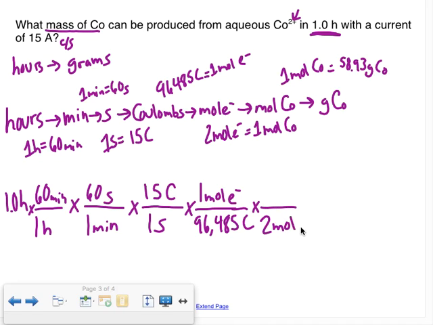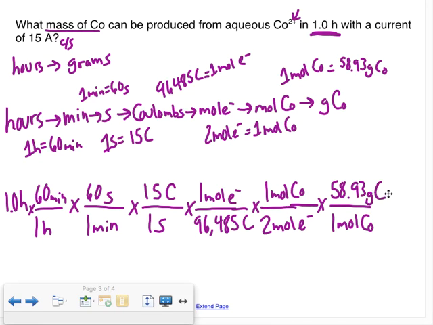And then since we're asked for the mass of cobalt, we'll just go from moles of cobalt to grams of cobalt using that mass from the periodic table: 58.93 grams of cobalt.